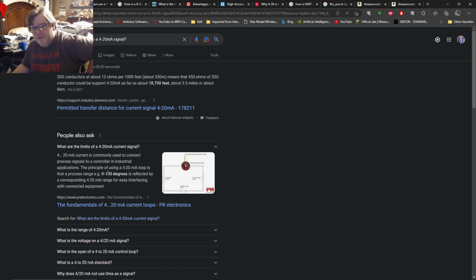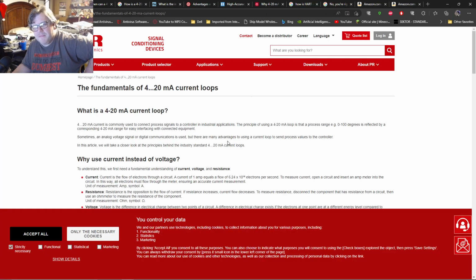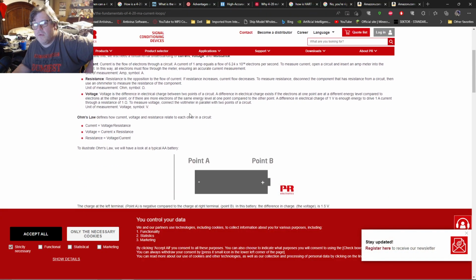The principle of using a 4 to 20 milliamp loop is that a process range, in other words, of 0 to 100 degrees, is reflected by a corresponding 4 to 20 milliamp range for easy interfacing with connected equipment. There you go. So let's look at that a little bit closer, because there might be a little bit more.